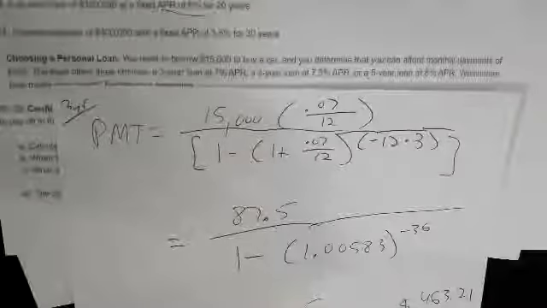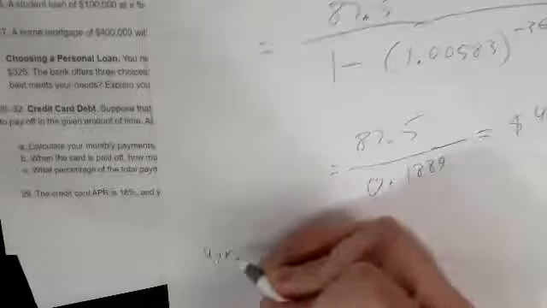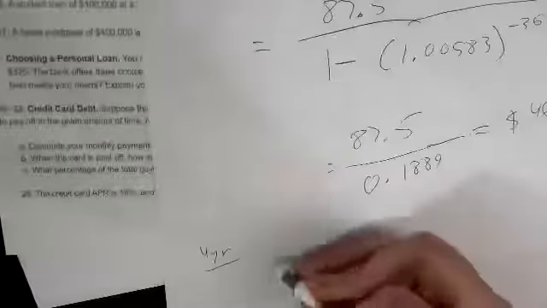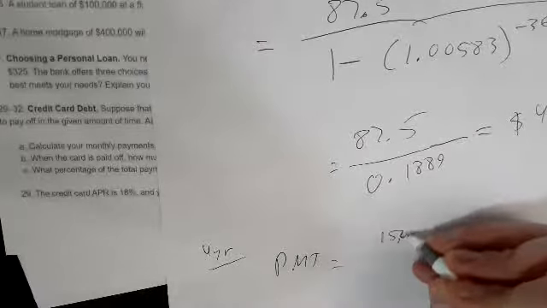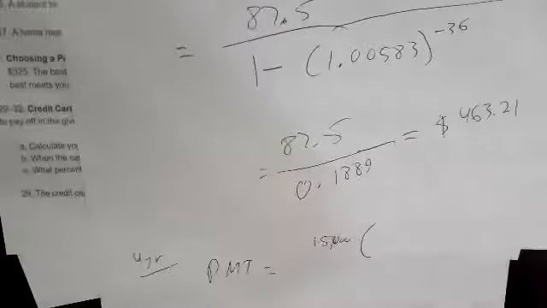All right, so that's my 3-year loan. We got to do the 4-year and the 5-year. So my principal is still the 15K. My APR is changing on this one. So my APR for the 4-year changes to 7.5.